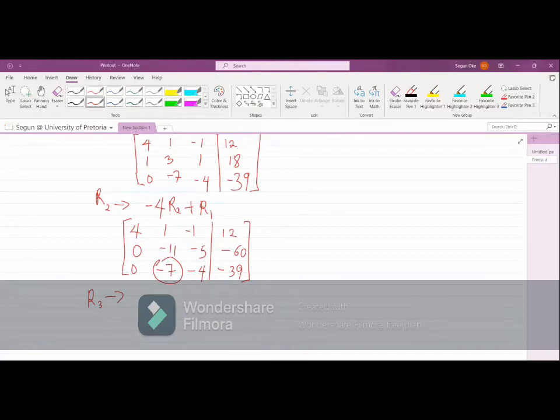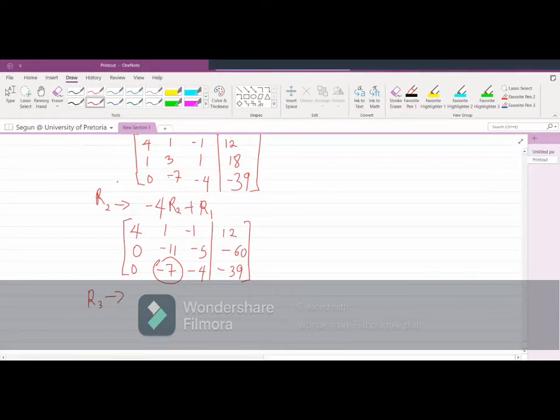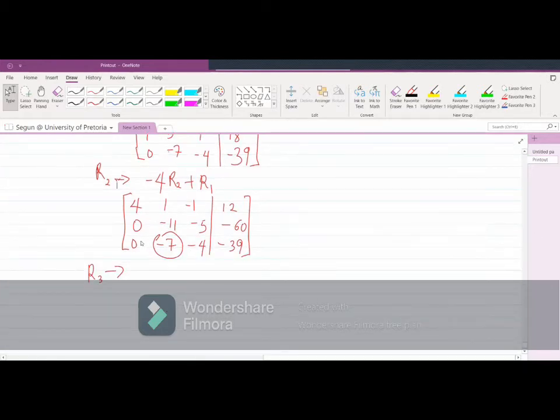You are almost there. You got it, but you're almost there. Just the sign. Remember, I can put it this way, let me scroll it up. I can just say 7R2 plus the negative 11R3. Do you agree?